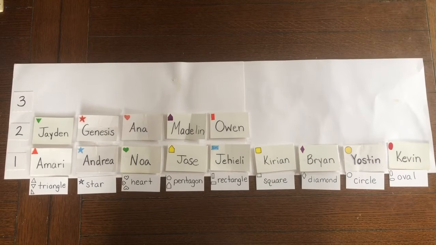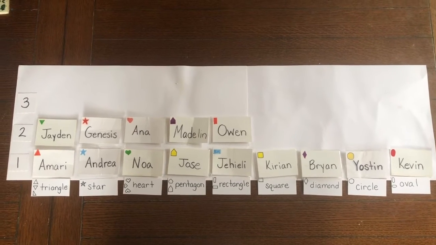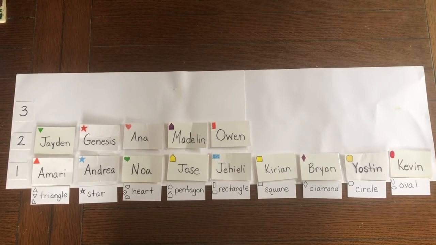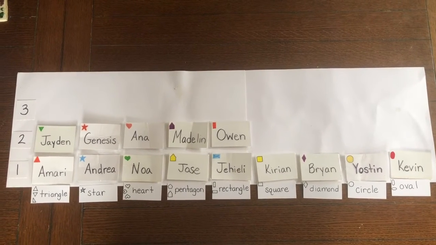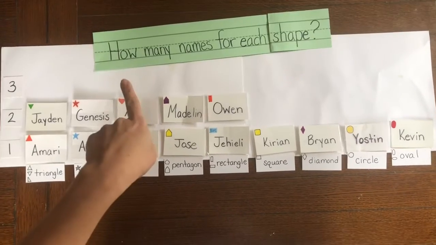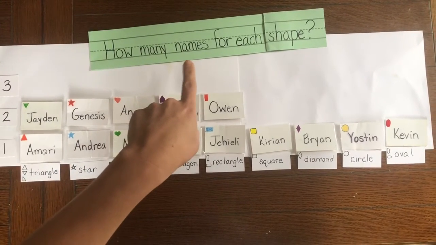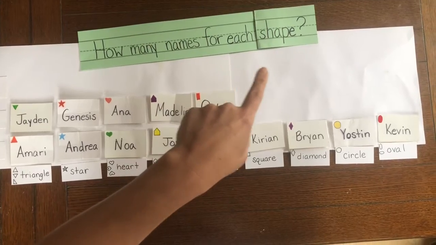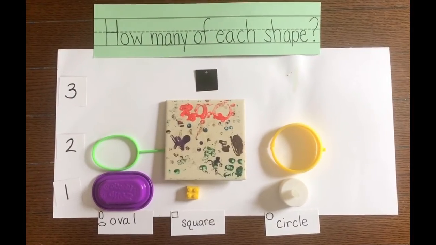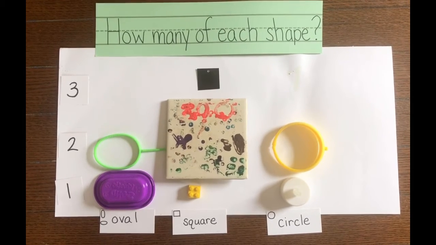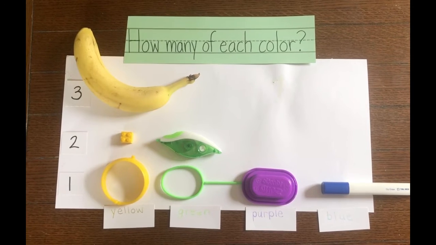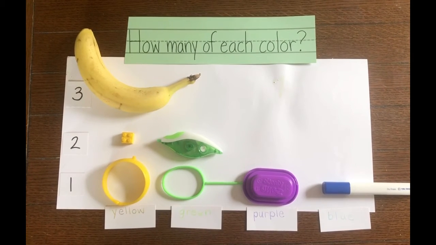And can you see what I did? Triangle, star, heart, pentagon, rectangle, square, diamond, circle, oval. I sorted your names by shape. Here's the title. How many names for each shape? Here is another graph that I made. How many of each shape? And still another. How many of each color?